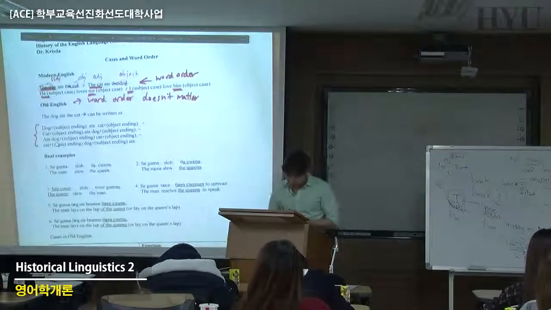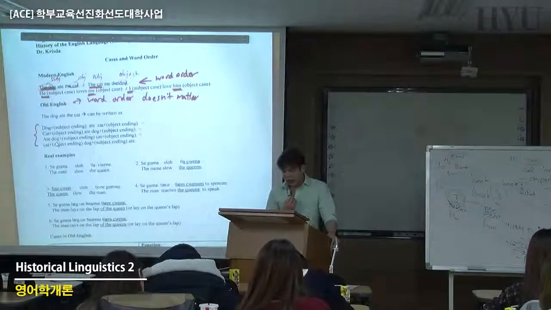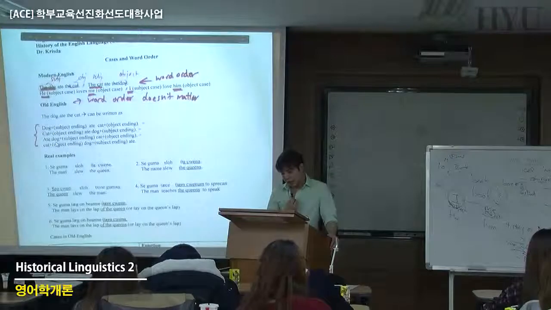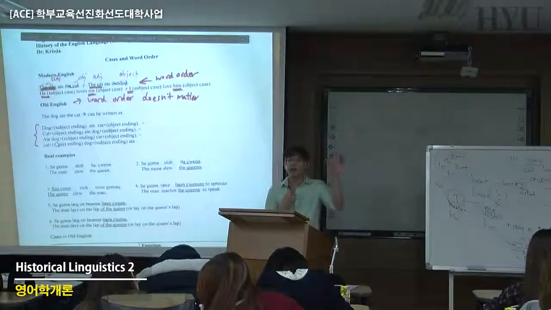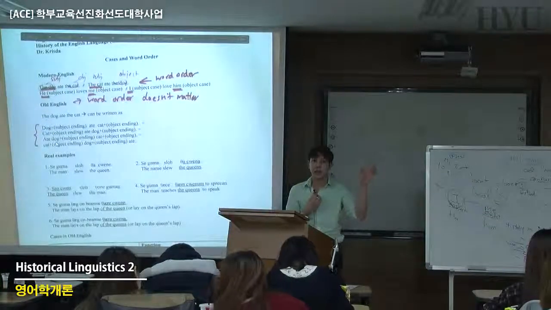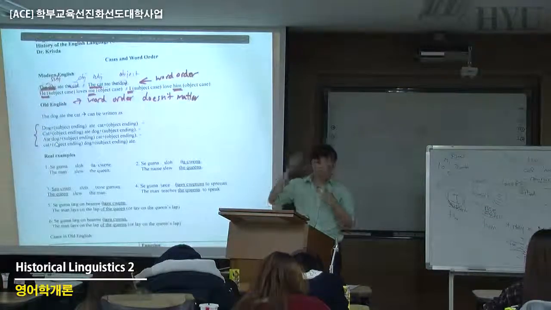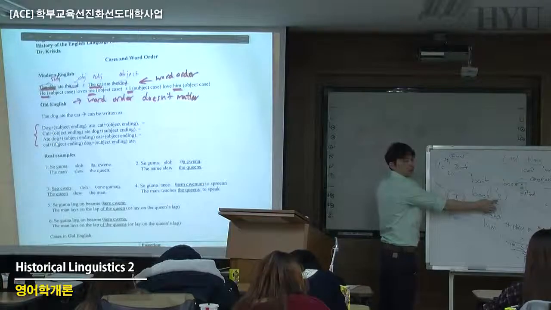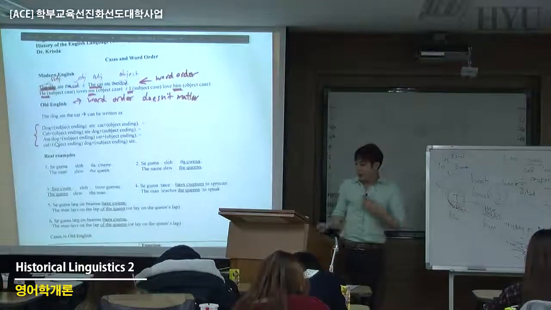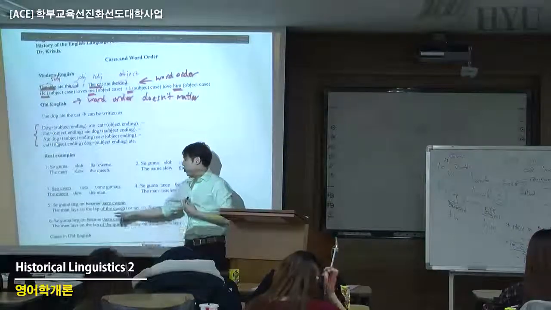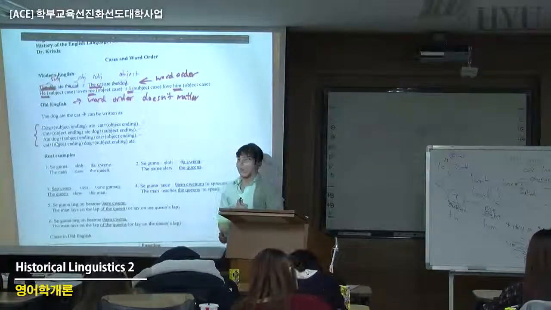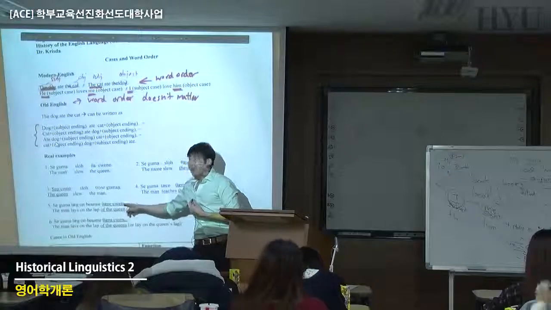Number 5, what is different is the case of the word tare quene. Tare quene, number 5, is the possessive case. The possessive case, which means just like apostrophe s in modern day English. Okay? So you have tare quene, which means of the queen. In this case, is the e ending.